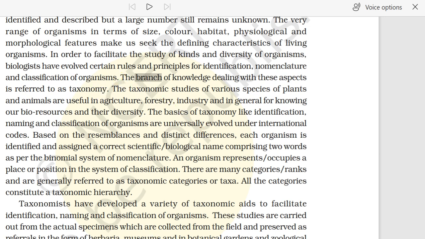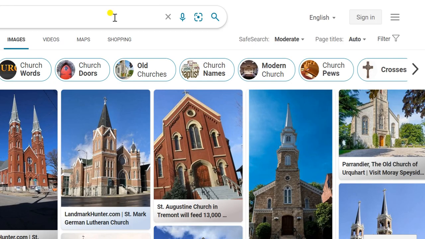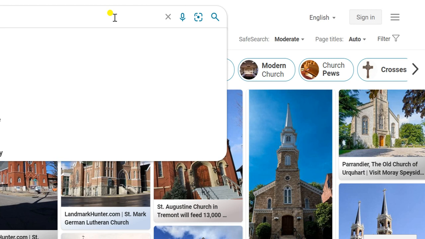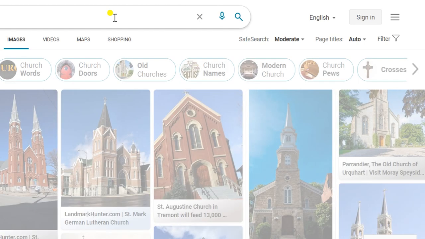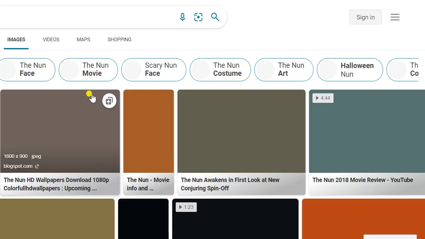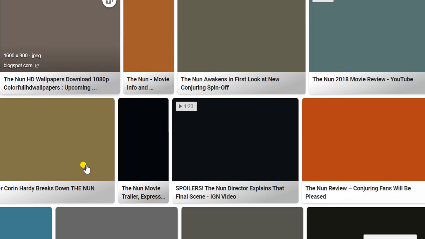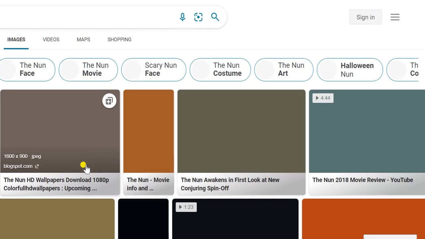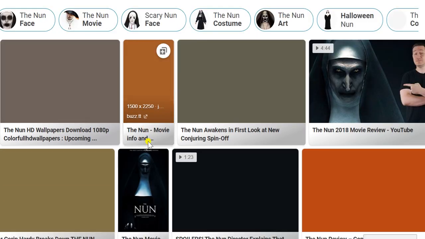Similarly, this nun, what was her name? Valak. Okay, this is all jokes only. This nun will not give any name.